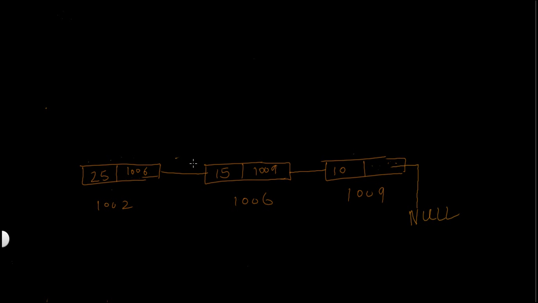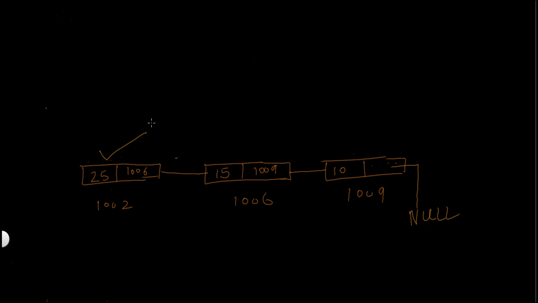Now here's one important thing that I'm going to tell you about linked list. This node is storing the address of this node, and this node is storing the address of this node. But who is storing the address of this node? No one. And there has to be someone to store the address of this node also.